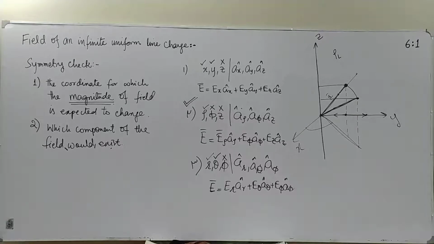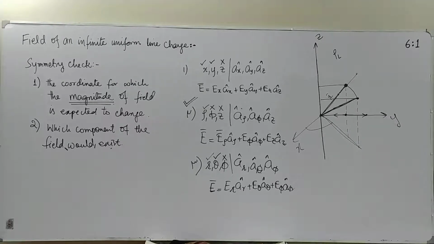Definitely, if we are getting closer to or away from the source, the magnitude of the field intensity is expected to change. So this is what we were looking at, and at the end of symmetry check clause 1, we decided that we are going to use the cylindrical coordinate system, because we have got only one variable which affected the magnitude of the field, and that was rho.